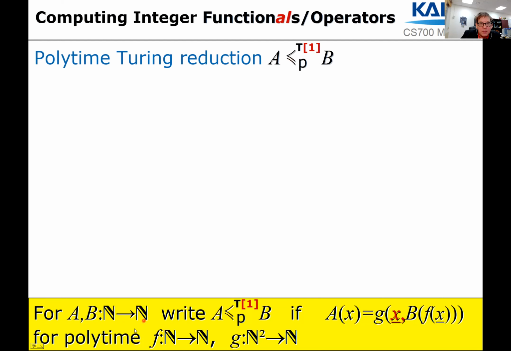So here's the formal definition. A and B are not decision problems, but slightly more general, still discrete, function problems.